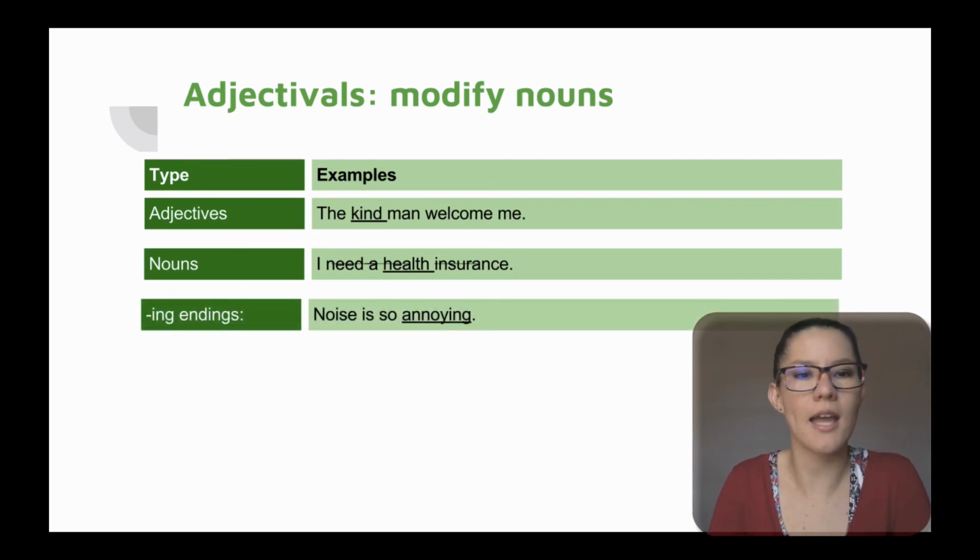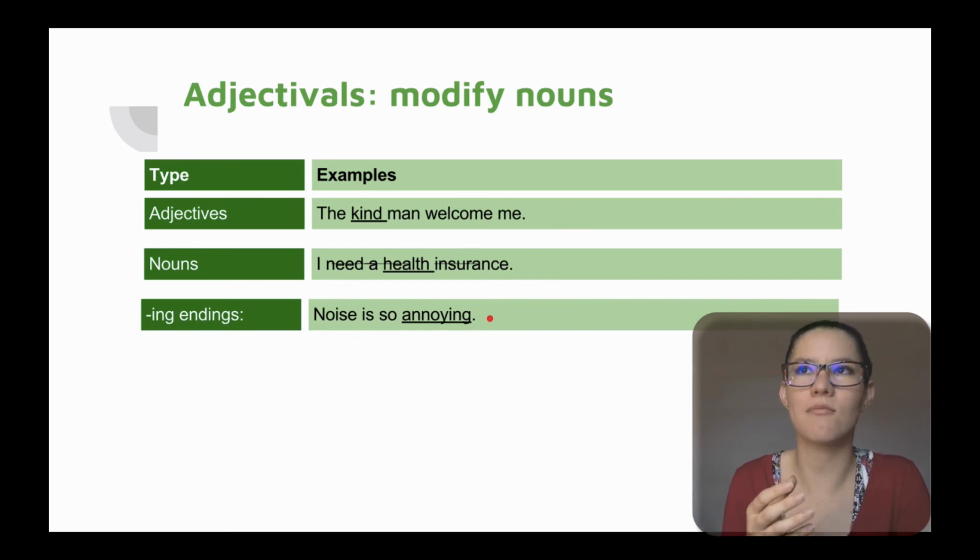Also, you can see ing ending words working as adjectives. Noise is so annoying. Okay, so all of these ing ending adjectives would tell you what is causing that particular emotion, right? In this case, annoyance.